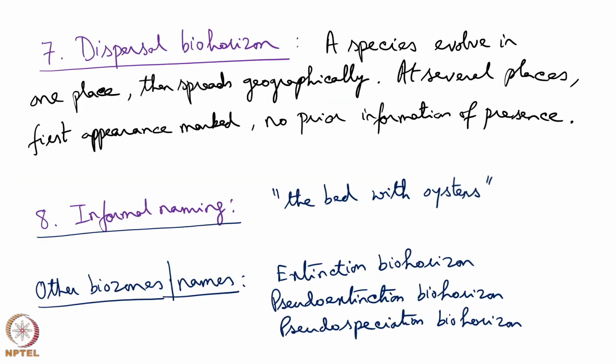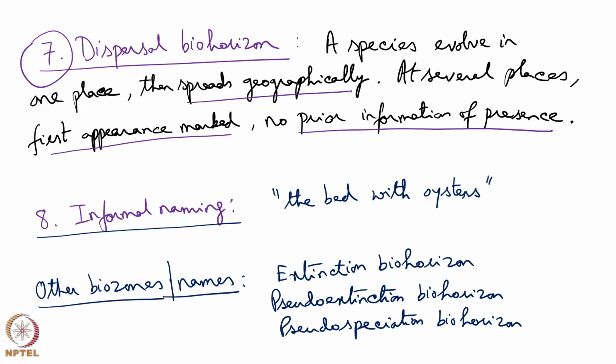Now we are going to see the dispersal biohorizon. Consider a species that evolves in one place and then spreads geographically. At several places, first appearance is marked and no prior information is present. If the geographic spread was fast, the first appearance will be synchronous, and then that fossil can be used in defining a dispersal biohorizon.